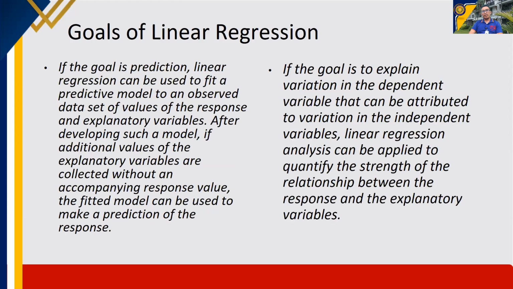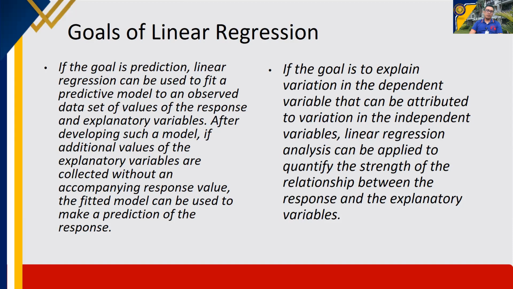The goals of linear regression: for prediction, linear regression can be used to fit a predictive model to an observed data set of values of the response and explanatory variables. After developing such a model, if additional values of the explanatory variables are collected without an accompanying response value, the fitted model can be used to make a prediction of the response.